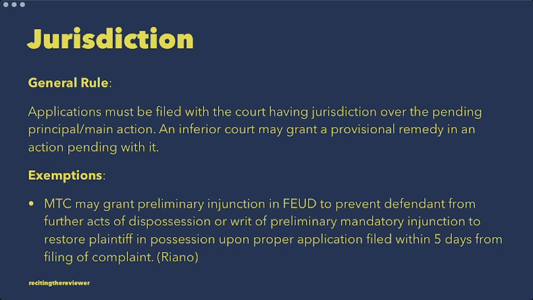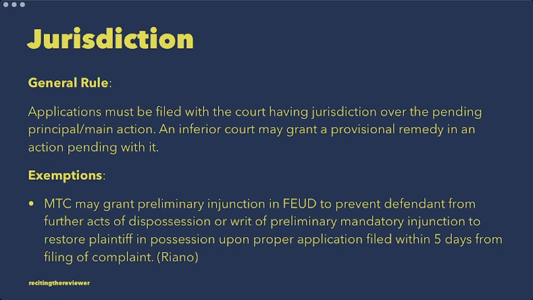Of course, you cannot file an ancillary action in a court other than the one having jurisdiction over the pending principal action. Okay, so this is very clear. This is also common sense, that the provisional remedy goes with the main action.